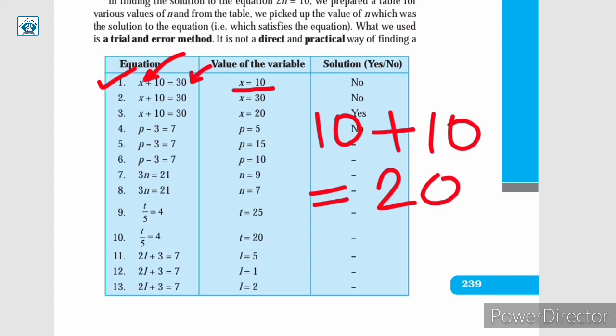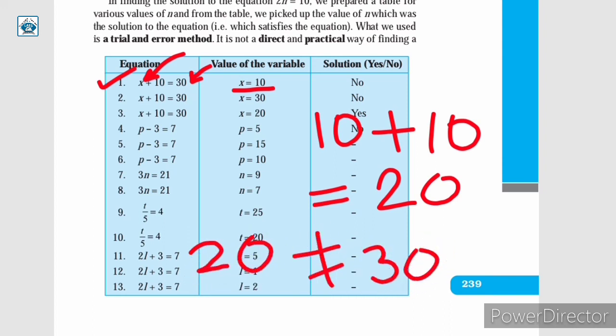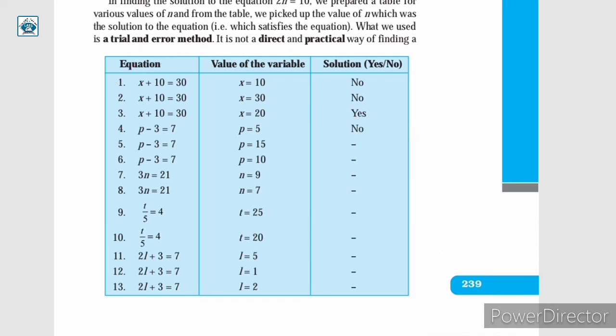So LHS is not equal to RHS. 20 is not equal to 30. That is why LHS is not equal to RHS. Therefore, is this a solution? No. The answer is no.